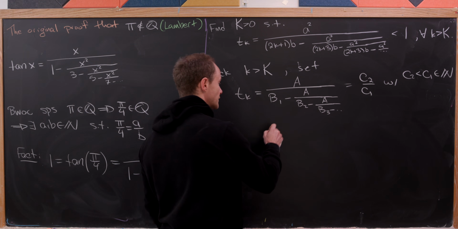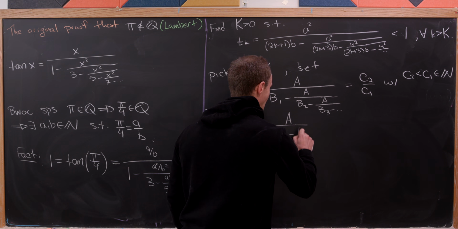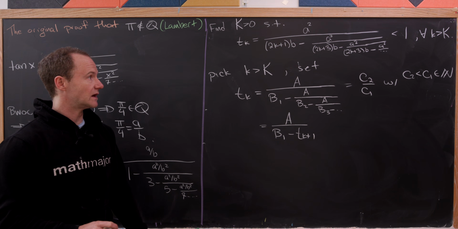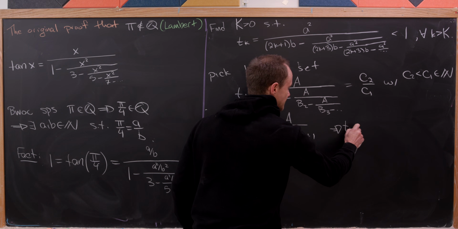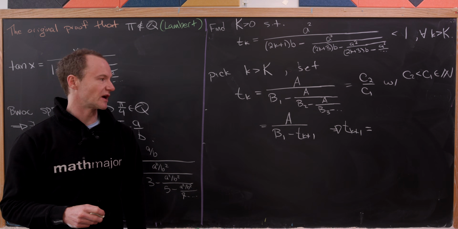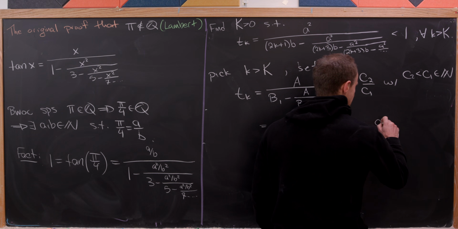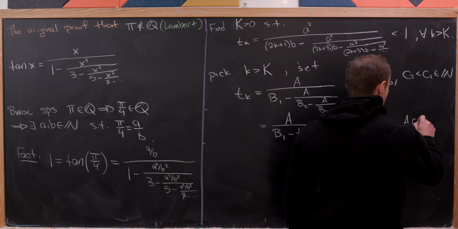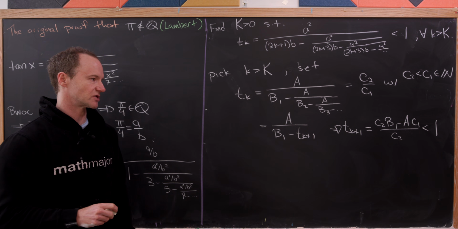And then let's also observe that I can rewrite this as a over b1 minus tk plus 1. That's the next one in our sequence. Then I can solve this for tk plus 1, just doing pretty simple algebraic manipulation, and we'll see that tk plus 1 is in fact c2 times b1 minus a times c1 all over c2, and that's still less than 1 by our previous discussion.